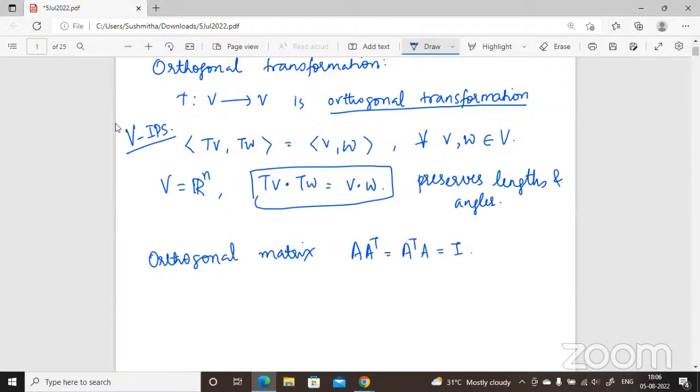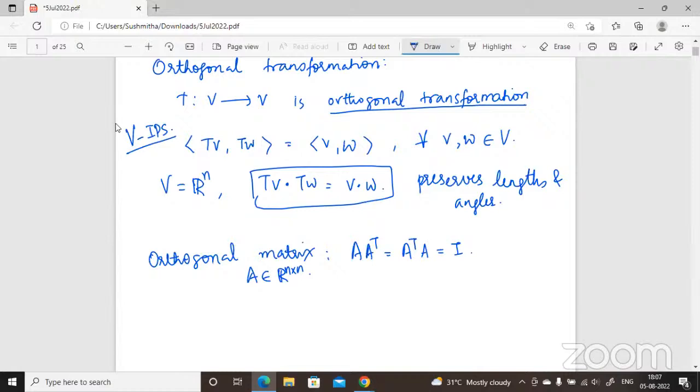In this case, we are always considering A to be a square matrix, of order n. Rn cross n means it is an n cross n matrix with entries in R. If this condition is satisfied, then the matrix is said to be an orthogonal matrix, and the matrix of an orthogonal transformation will be an orthogonal matrix.